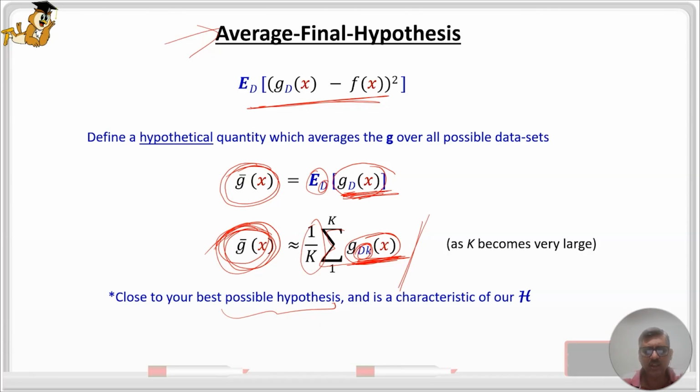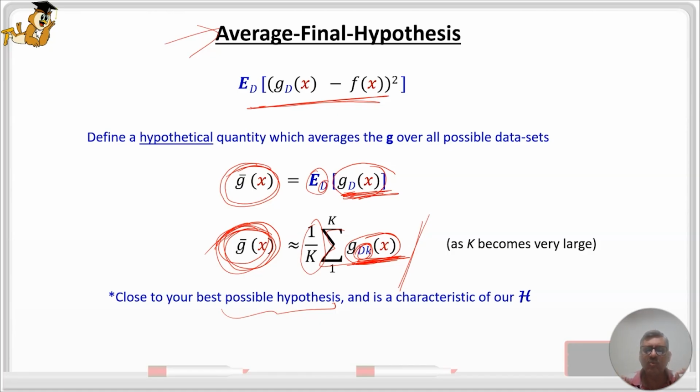So understand this non-linearity. You are not being given all possible data in one go. You are being given data sets each of size N, one data set at a time, and you are averaging over all of those. So it stands to reason that your answer, if you had been given the entire data in one go versus taking N chunks at a time, is going to be slightly different.